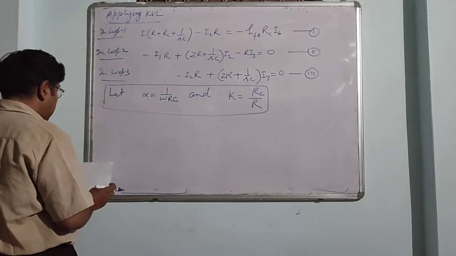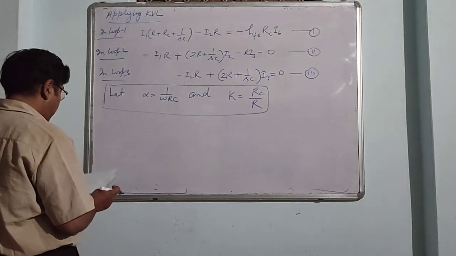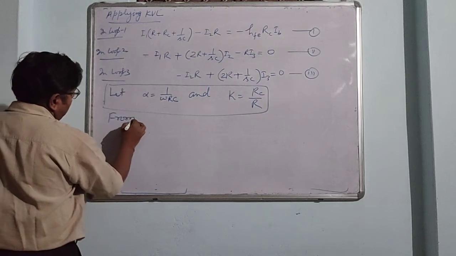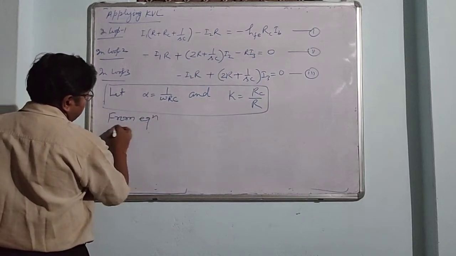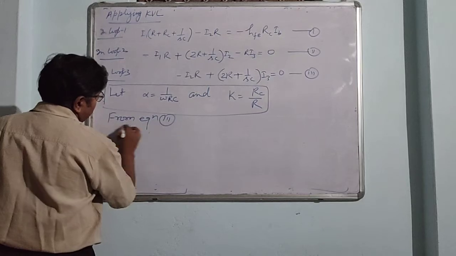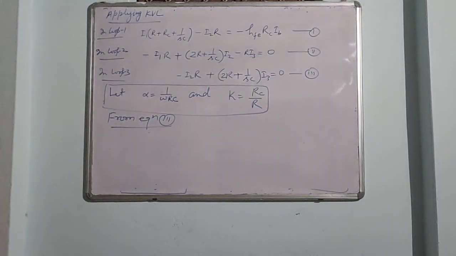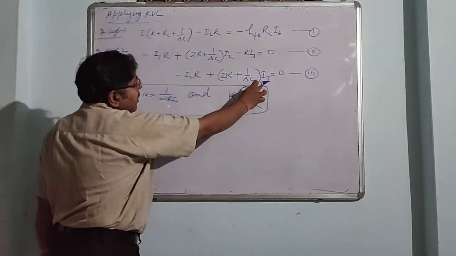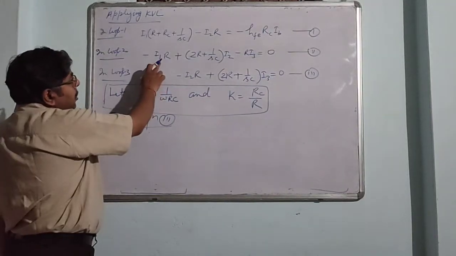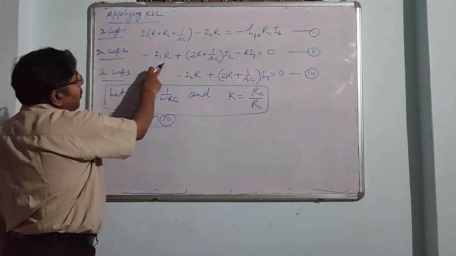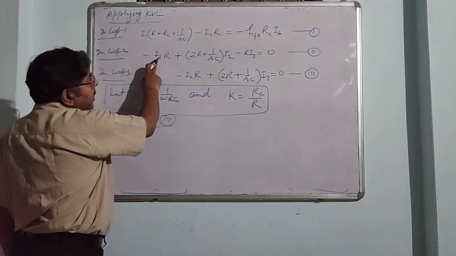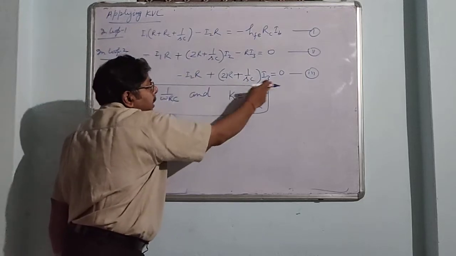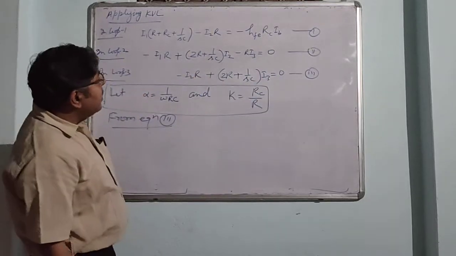So from equation 3, calculate I2 in terms of I3. Then from equation 2, we can find out I1 in terms of I3. So first find I2 in terms of I3 from the third equation.